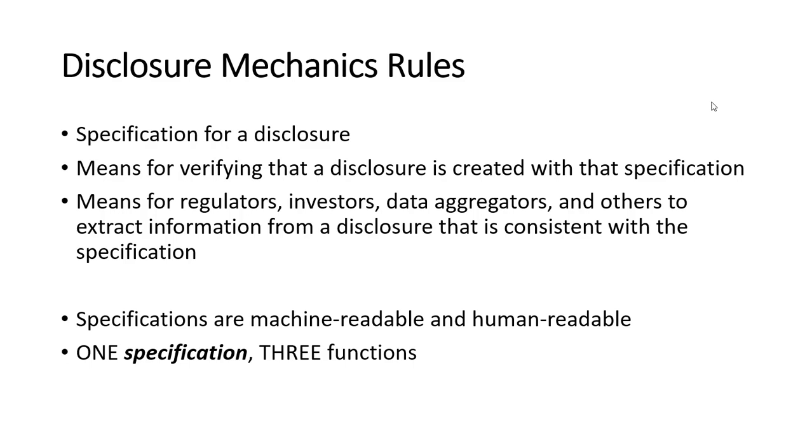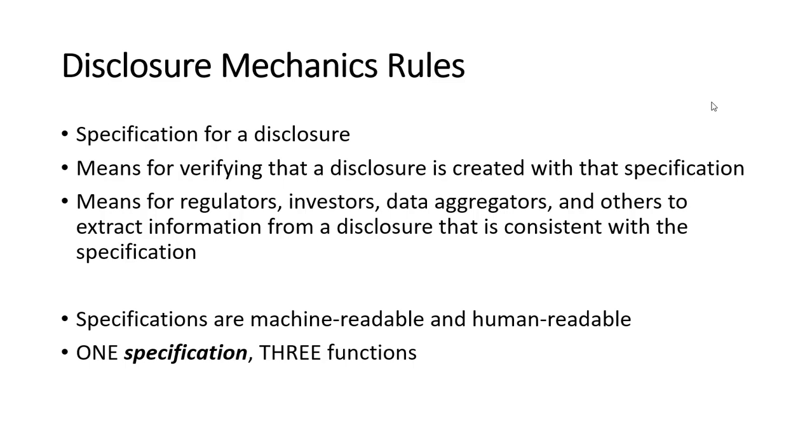So when I say specification, it's a human-readable and machine-readable specification. Today, these specifications are in books. They're intermingled with other rules like measurement rules and other rules that have nothing to do with the creation of a report.